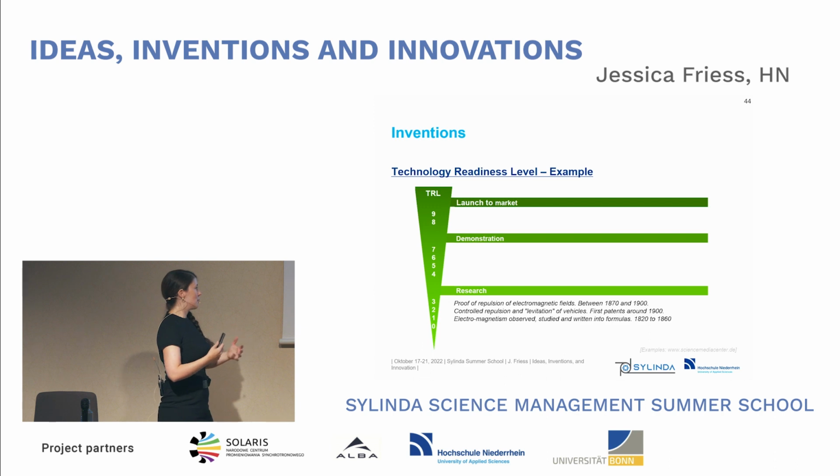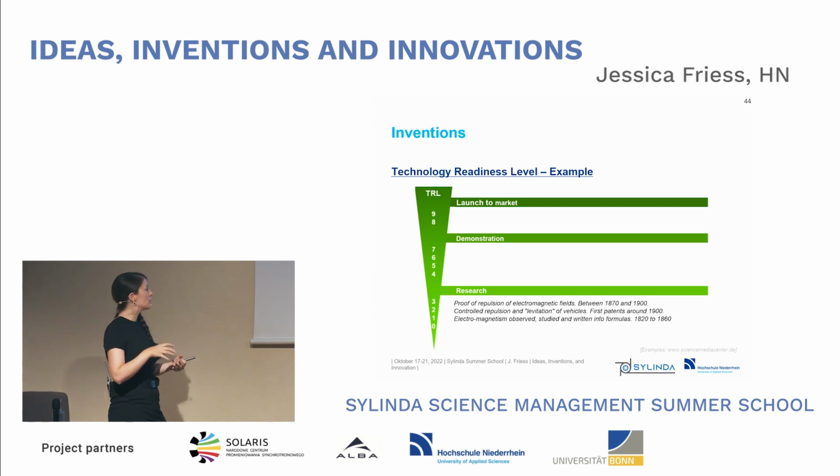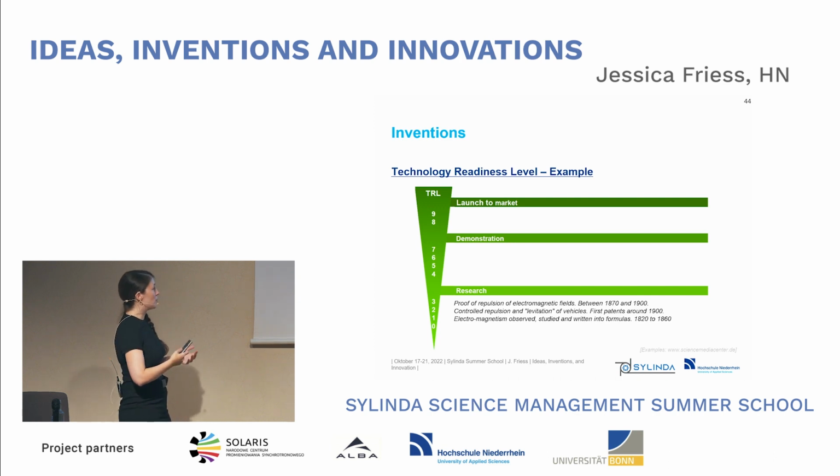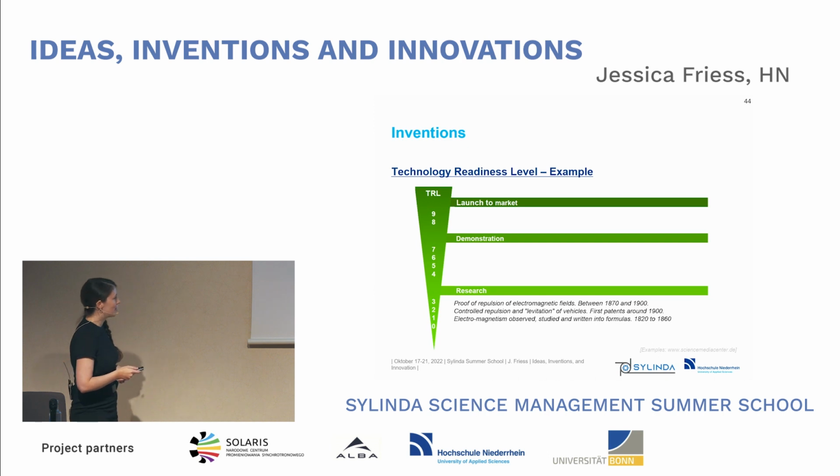Then somebody was able to control repulsion of electromagnetic fields, and levitation of first small vehicles was patented around 1900. Then the proof of this repulsion between the fields was done.